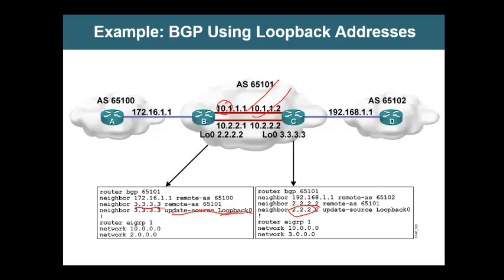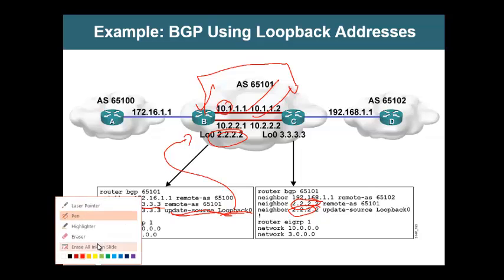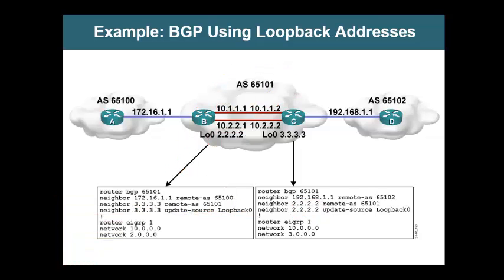When I say update-source loopback 0, router B will start using loopback 0's address as the source address. Now when the packet goes to C, C looks at the source address, which is loopback 0 of B, 2.2.2.2, which also matches the neighbor statement. That's important: the source address of the incoming BGP packet should match the neighbor list.